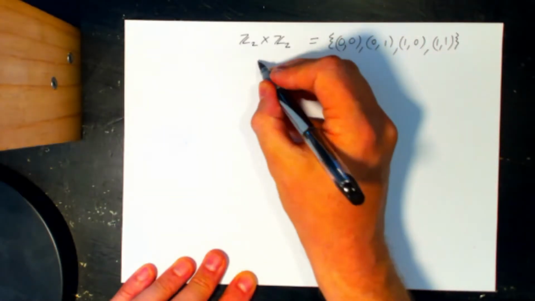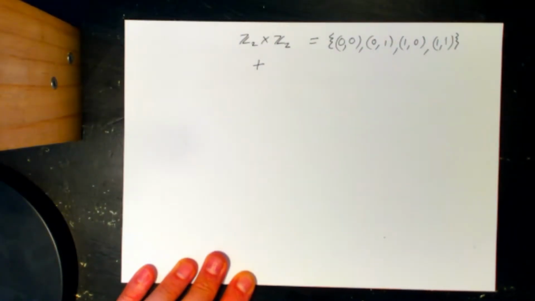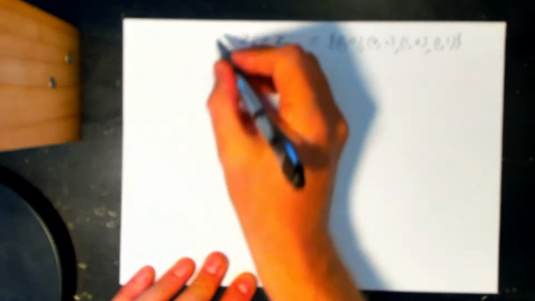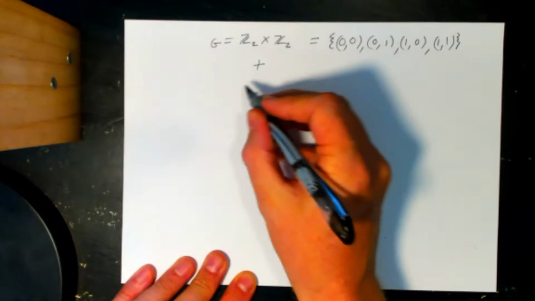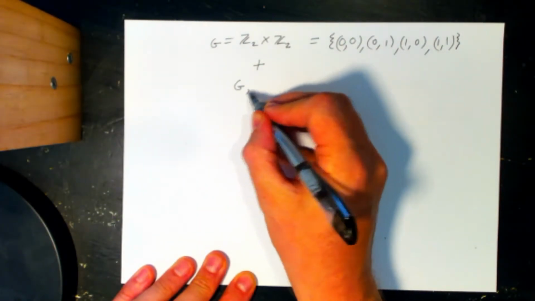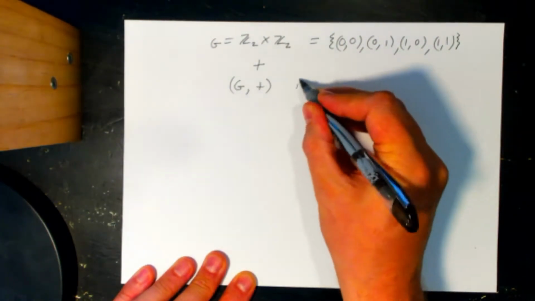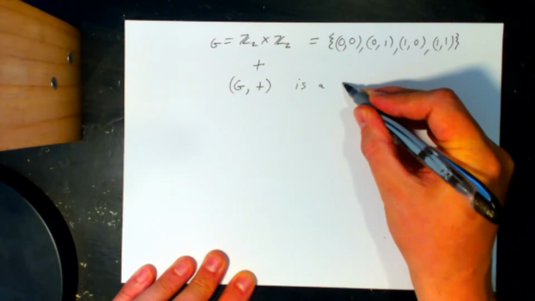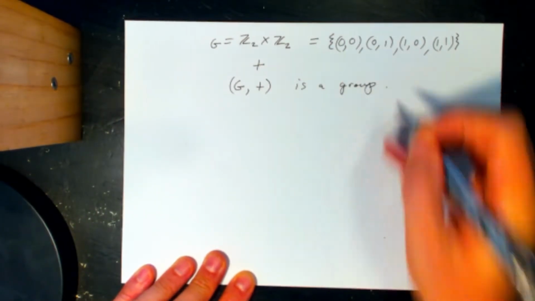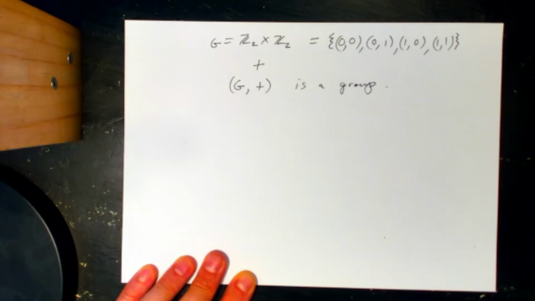Now I want to take the operation to be addition, and I want to claim that this is a group. So let's call this G. So G together with addition is a group. Now let's consider associativity, inverse, identity.